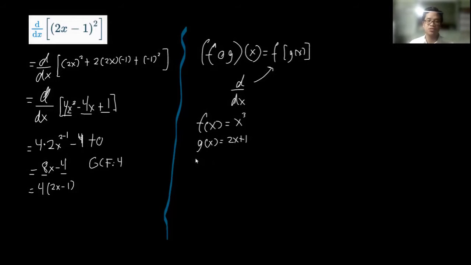If I'm asked to find f of g of x, this means that I'm going to substitute the given g of x inside of this function. So this is 2x plus 1 raised to 3, or the cube of 2x plus 1. Now, how do we find the derivative of this one?